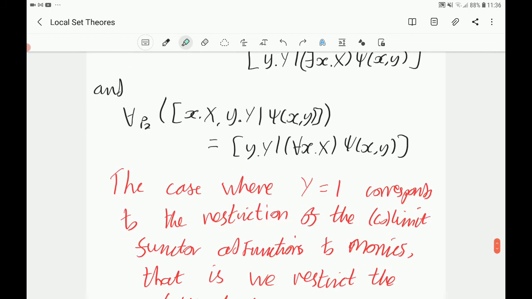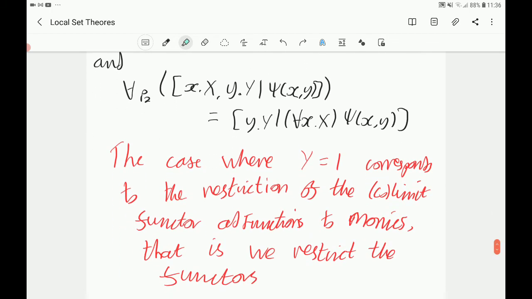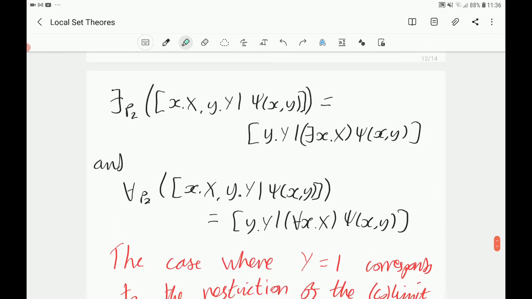And yeah, in the case where Y is 1, we get just the pure formulas: exists x such that phi, and for all x phi.